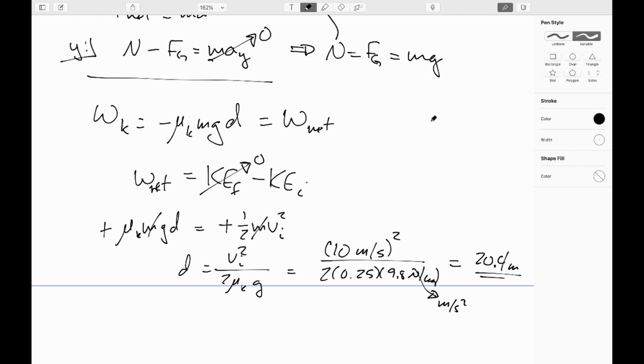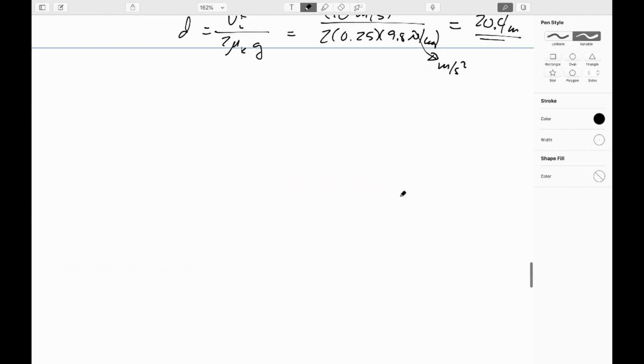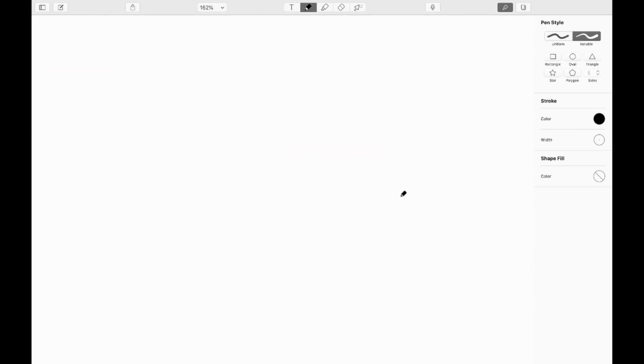Okay, there's a couple other concerns that we have to take into account, and that is, what if the forces are varying?